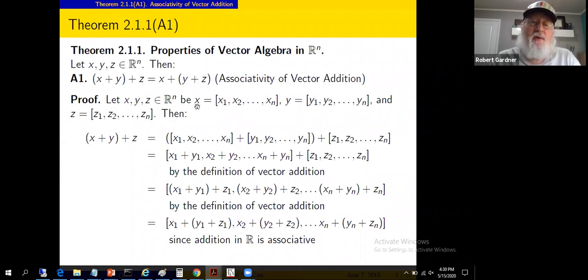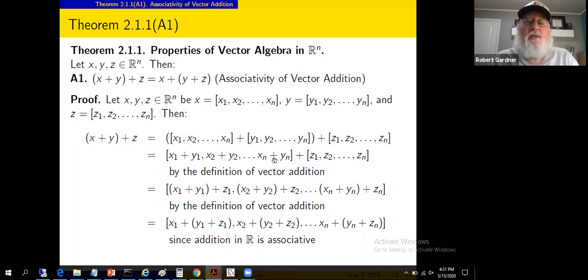Let vector x, vector y, vector z have the obvious components: subscripted x's, subscripted y's, subscripted z's, respectively. The components are real numbers, and I know we've got associativity of real numbers. So let's take x plus y, plus z. In terms of the notation we just introduced, that's vector x plus vector y, added together first, plus vector z. How do you add vectors x and y together? Component-wise, so do that.